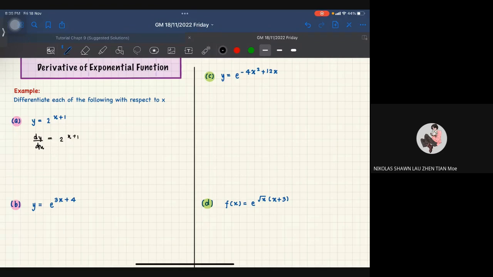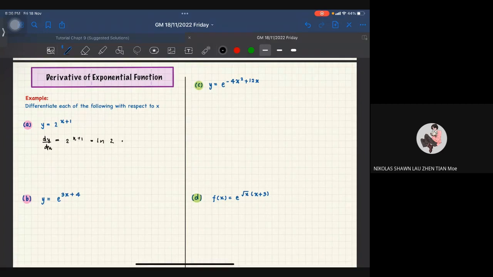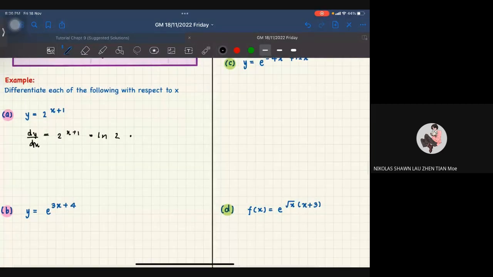Okay, so sekarang apa yang saya nak buat, saya akan darabkan dengan ln 2. Okay, jangan tanya kenapa, terima sahaja dengan hati yang terbuka. Kalau dekat sini adalah E, so kita akan tuliskan ln E dekat sini. Then awak akan darabkan lagi dengan hasil differentiate power tu.